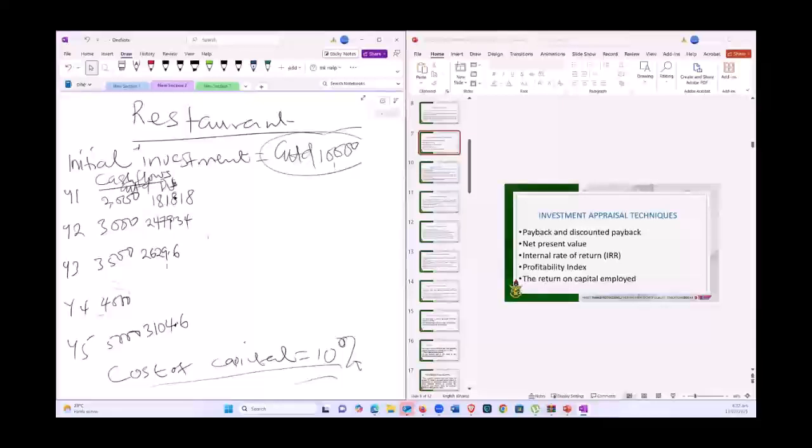Year 4 is 2732.05. What about year 5? 3104.61. Okay, so do the addition till you get your initial investment.